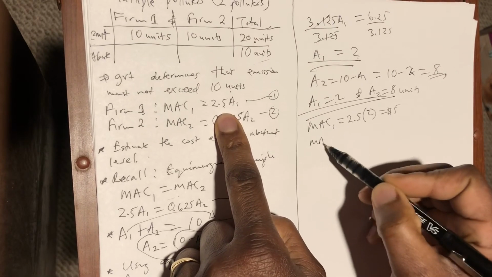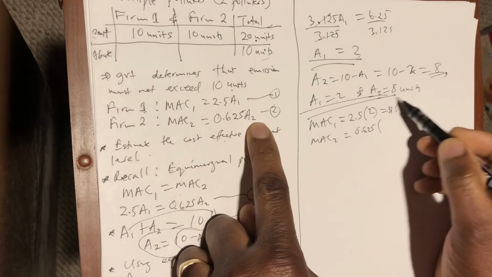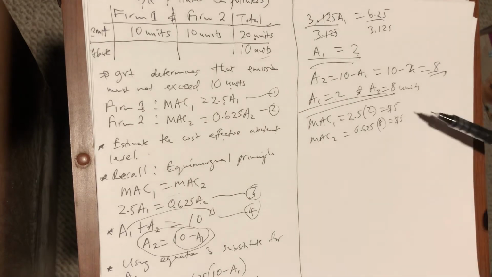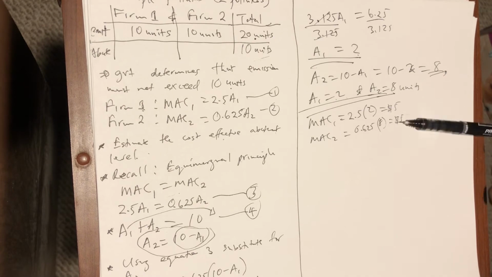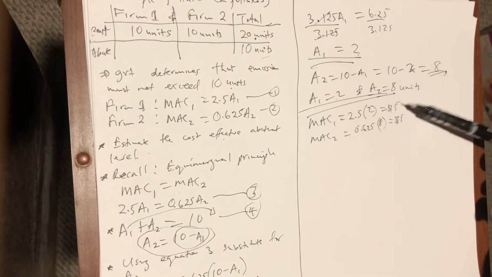The marginal abatement cost for firm 2 is 0.625 A2, substituting 8, which is equal to 5. So the equimarginal principle holds here. The marginal abatement cost at this efficient level of abatement is 5 and 5.